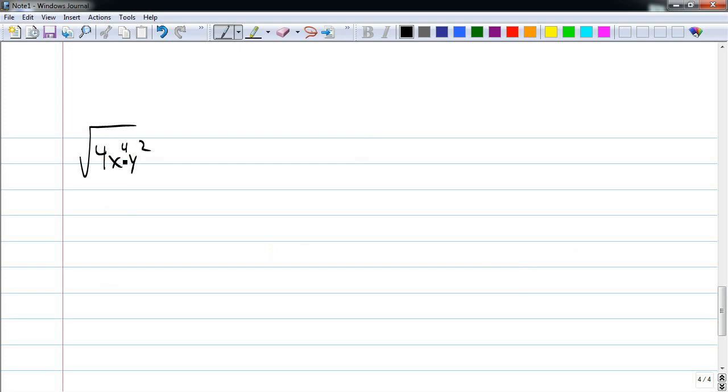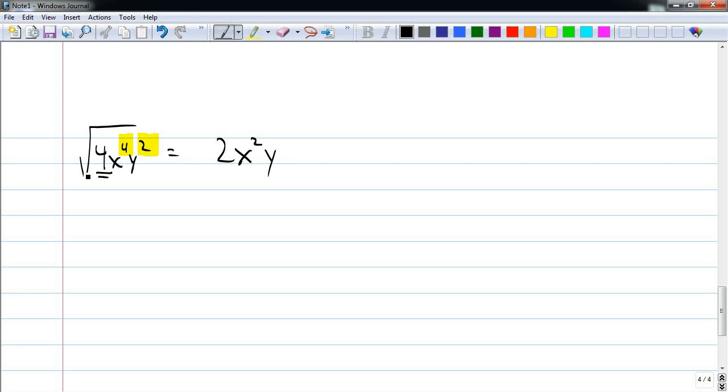So I divide the 4, this, and this with 2. 4 divided with 2 is 2. That gives me x squared outside of the radical. 2 divided with 2 is 1, so I have y to the first outside of the radical, and 2 times 2 is 4, so that's my coefficient. Okay?